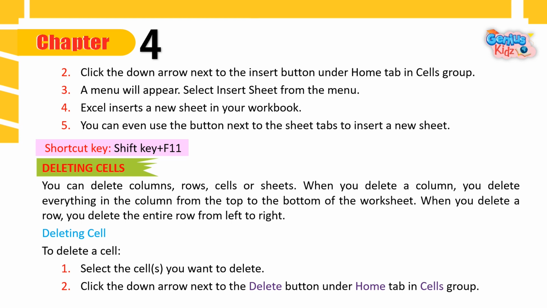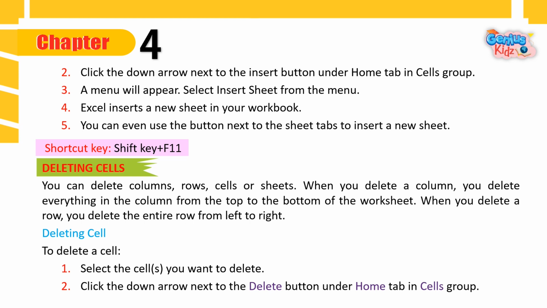Deleting cells. You can delete columns, rows, cells or sheets. When you delete a column, you delete everything in the column from the top to the bottom of the worksheet. When you delete a row, you delete the entire row from left to right. Deleting a cell. To delete a cell: 1. Select the cell(s) you want to delete. 2.